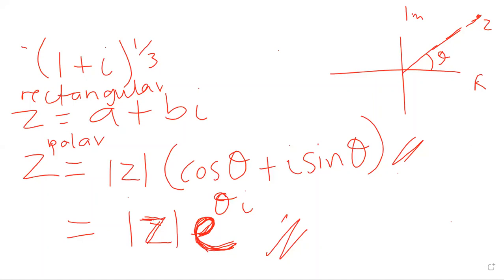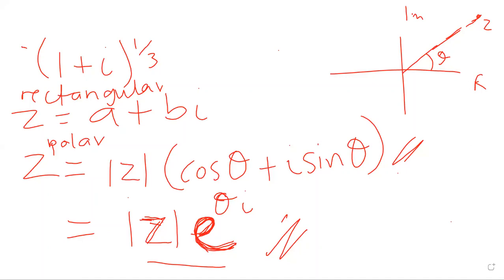So take note, this is very important. If you can express a complex number in polar form like this, then it's safe, it's right, and it's feasible to write it in this way.